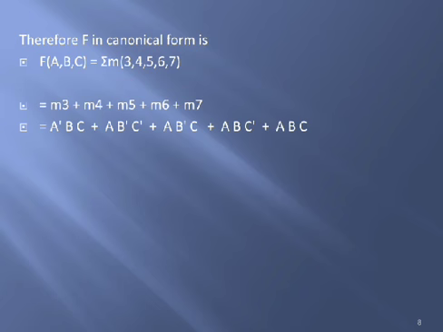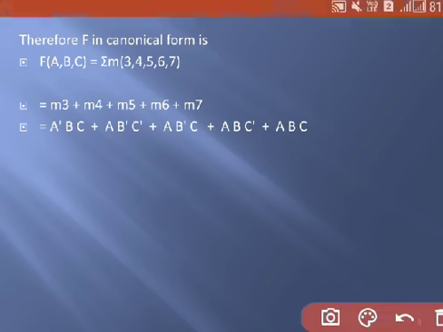m3 stands for a bar bc, which is 0 1 1. Similarly m4 means a b bar c bar, that means 1 0 0, and m5 means a b bar c, that is 1 0 1, and m6 means a b c bar, that is 1 1 0, and lastly m7 is a b c, which means 1 1 1.